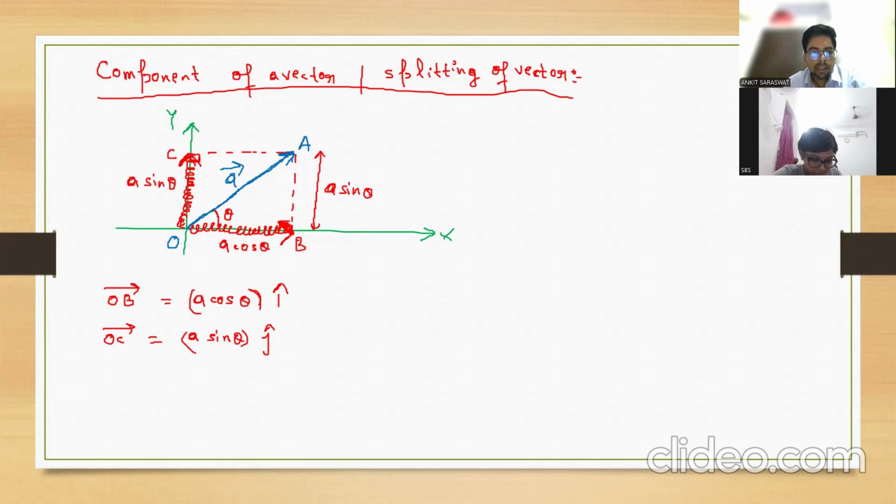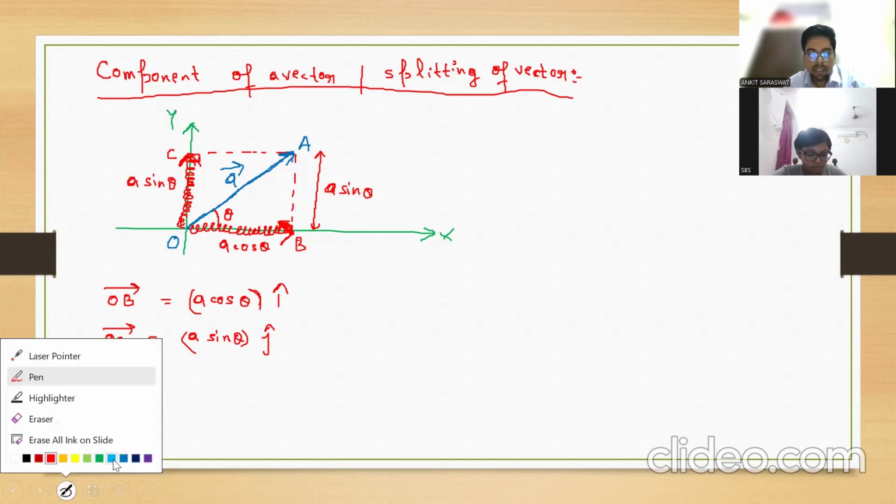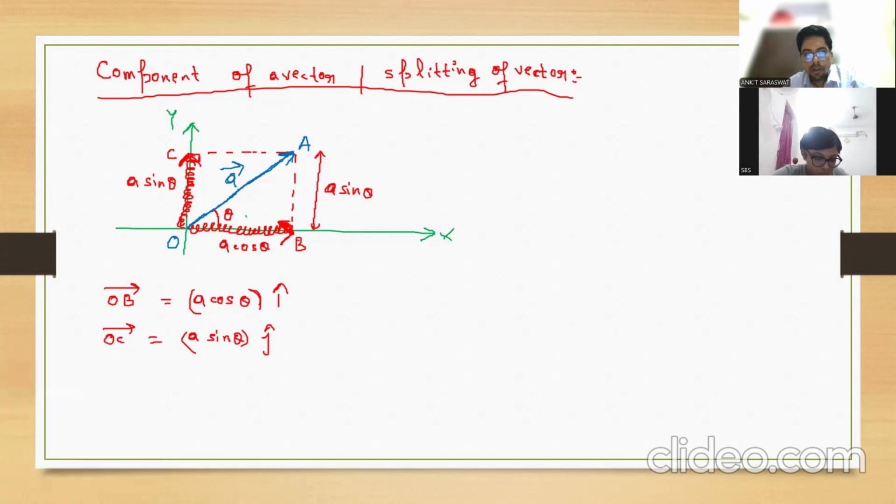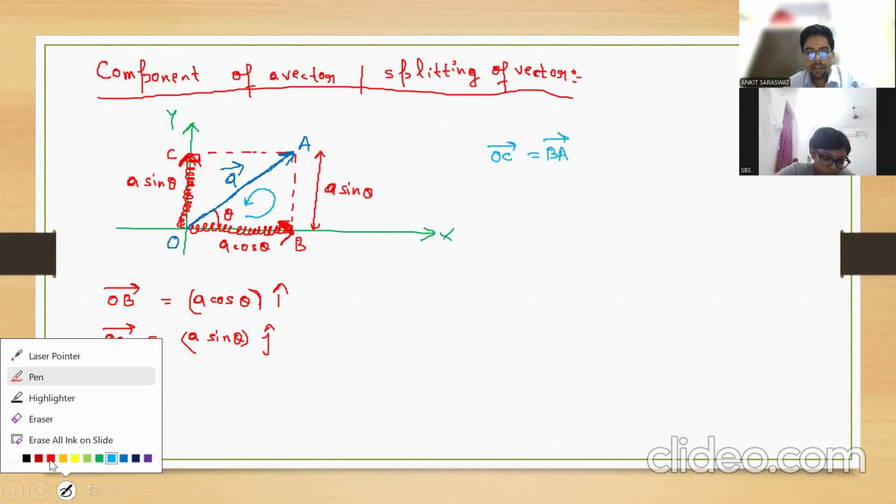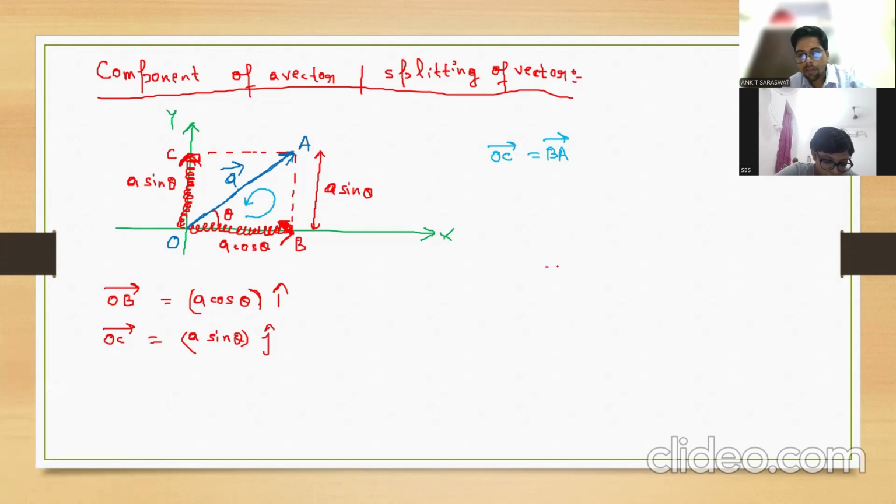Now can you see this is our triangle. One triangle is going to form, OBA, like this. Sense of rotation like this. This OC vector is equal to BA vector, we can say. And here, if you look carefully, OB vector will be like this. BA vector will be like this.